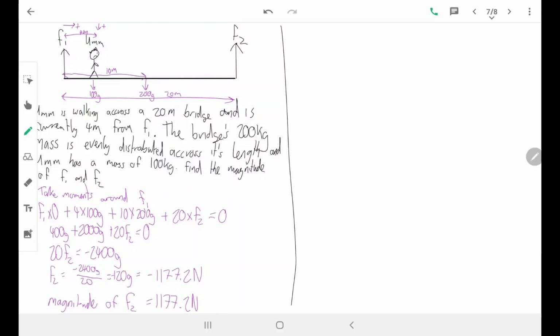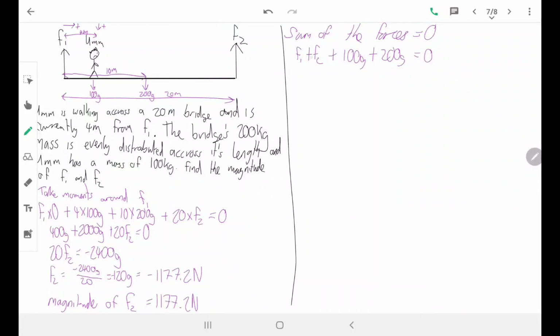What we then have to do is our sum of the forces equals 0. So we have 100G going down, we have another 200G going down, we have F1 and F2. So F1 plus F2 plus 100G plus 200G equals 0.